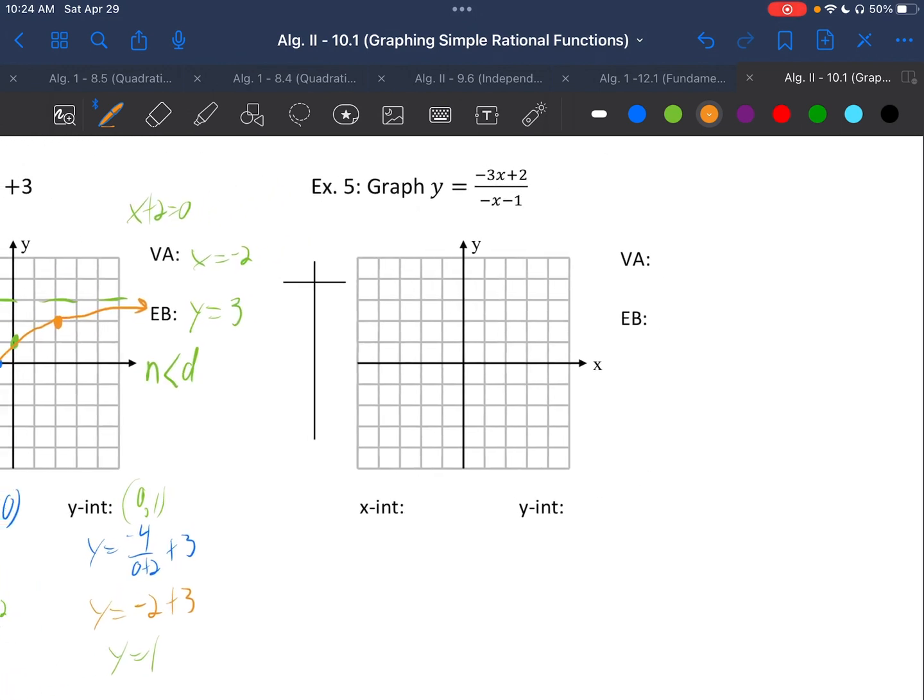X-intercept, once again, we make y equal to 0. So you have 0 equals negative 3x plus 2 over negative x minus 1. I'm excited when I see this because when I multiply by the denominator, I notice the left-hand side is equal to 0 at this point because I didn't have any translation, meaning it's going to be 0 equals negative 3x plus 2, making this problem a little bit easier.